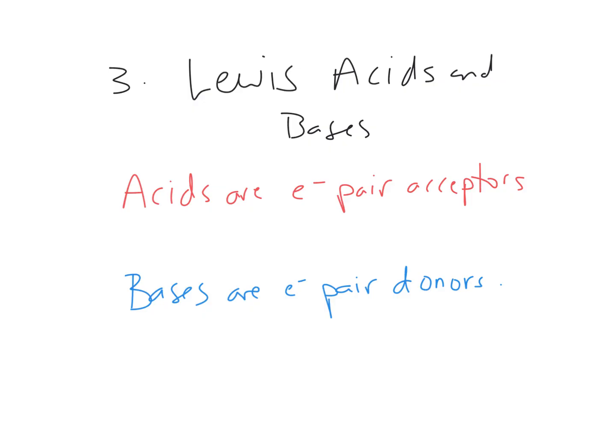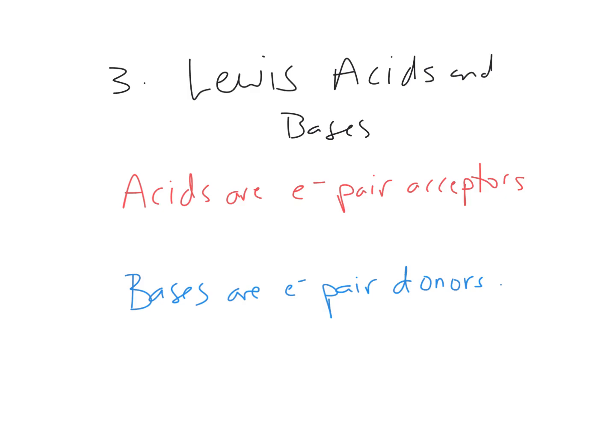All right, the last acid-base theory, and it is a really good one, but it's one that applies to more specific situations in chemistry when it comes to complex ions, and in biology a lot when it comes to associations of metals and complex ions that are a part of protein structures in the body.